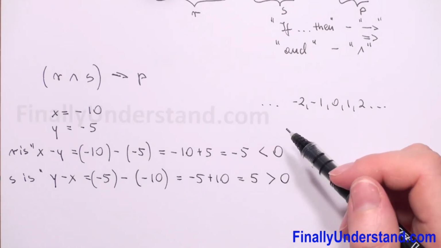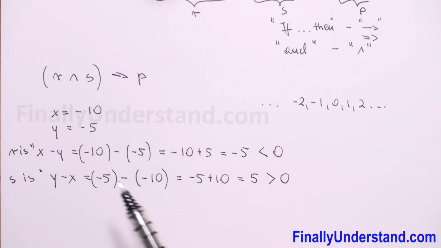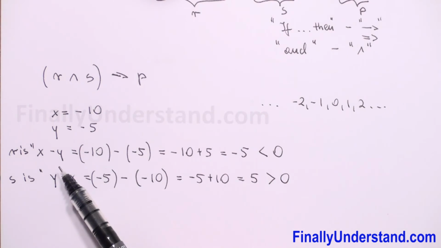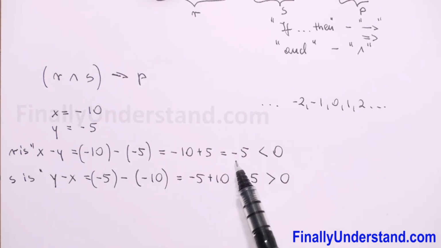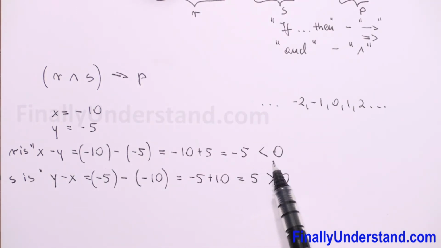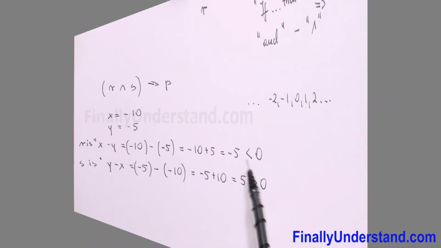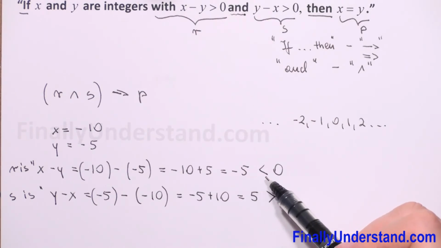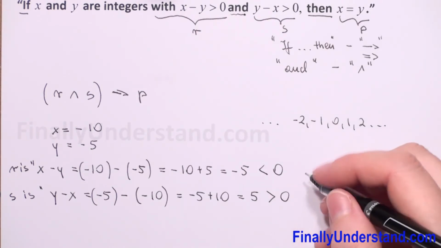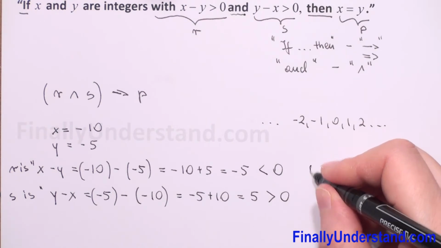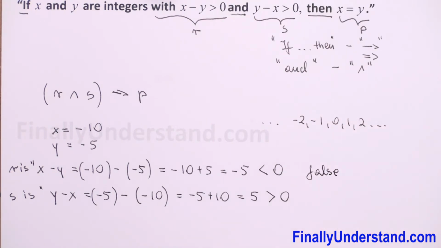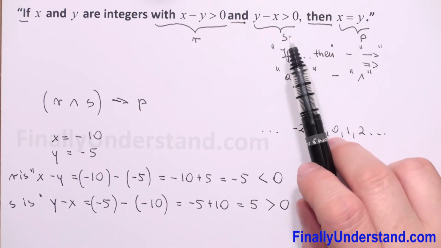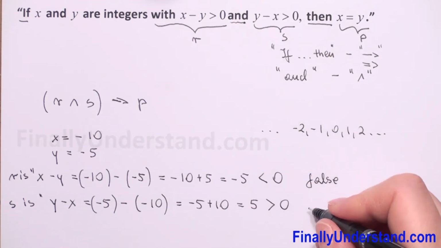So we see that for x equals -10 and y equals -5, we have r is -5, which is less than 0. The statement x minus y is greater than 0 is false, because we got that x minus y is less than 0. And y minus x is greater than 0, so this is true.